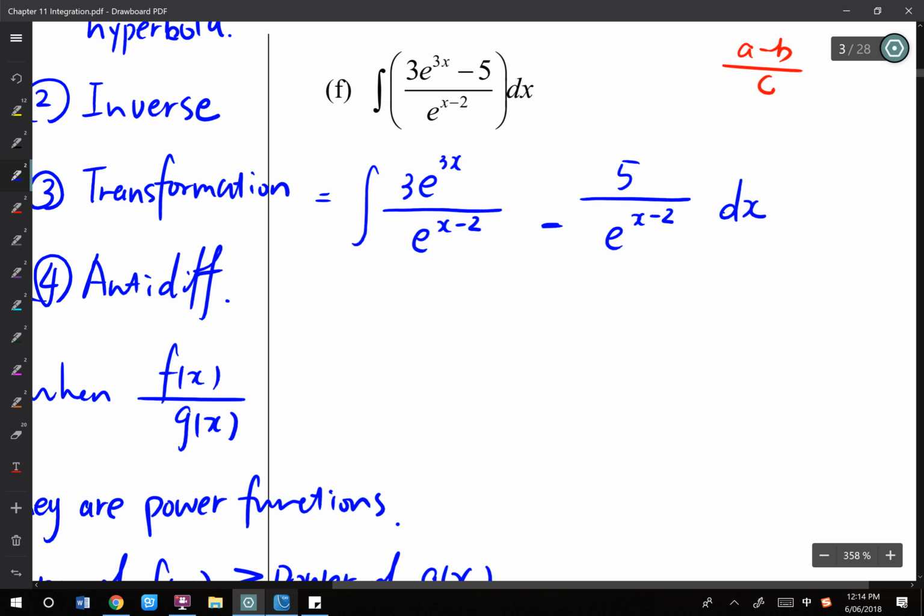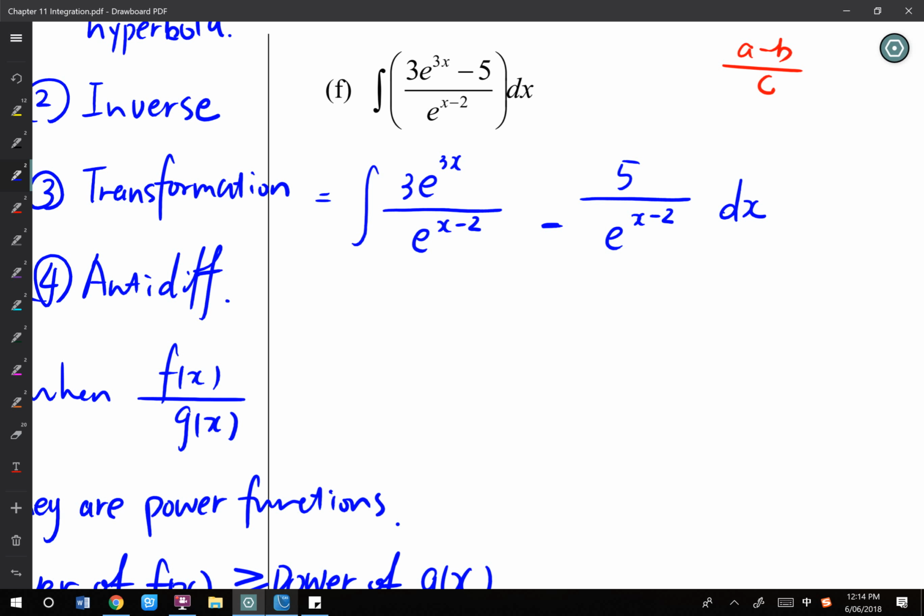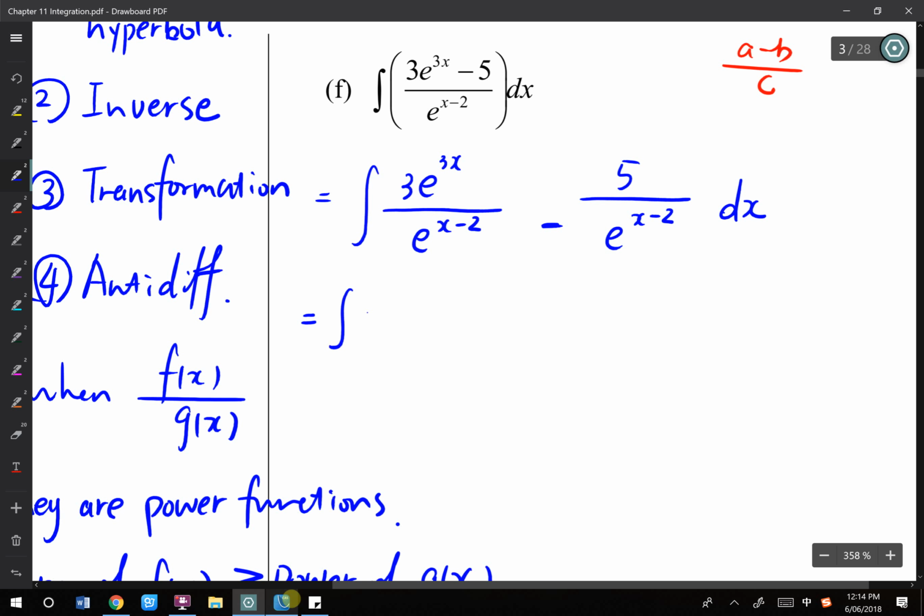Separate that, because I can't do divide. I need to separate things into plus and minus. So what I will have here is 3e, same base. When we divide, we minus the power. Minus 5e, you can treat this as e to the power of 0.